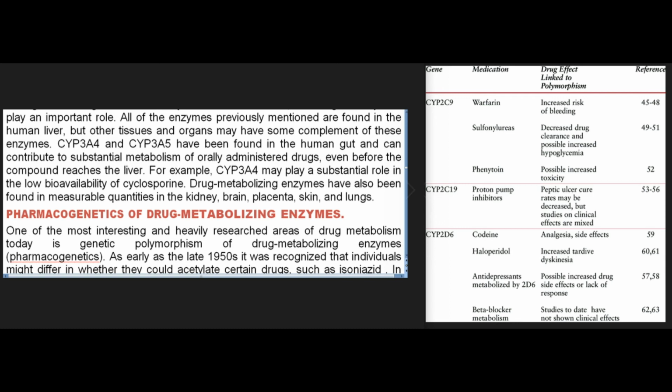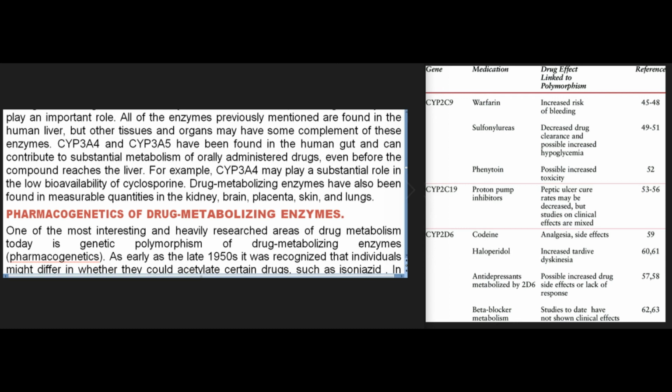CYP3A4 and CYP3A5 have been found in the human gut and can contribute to substantial metabolism of orally administered drugs, even before the compound reaches the liver. For example, CYP3A4 may play a substantial role in the low bioavailability of cyclosporin. Drug metabolizing enzymes have also been found in measurable quantities in the kidney, brain, placenta, skin, and lungs.